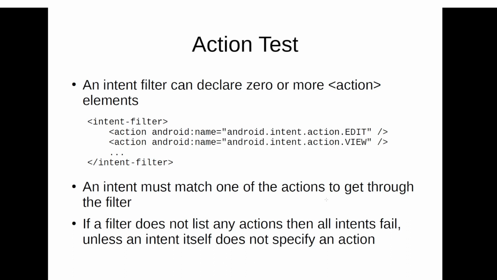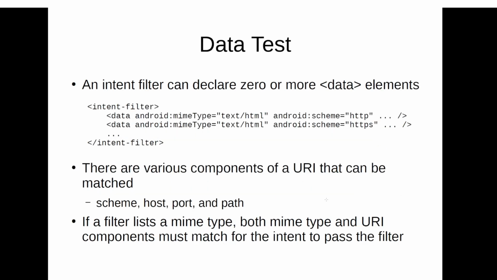Once we have created a candidate list, we move on to the second test, which is a data test. When performing a data test, Android will compare the data element in an intent, if there are any, to the data elements of intent filters declared by components. When declaring a data element in an intent filter, we treat each aspect of the data as a separate attribute.